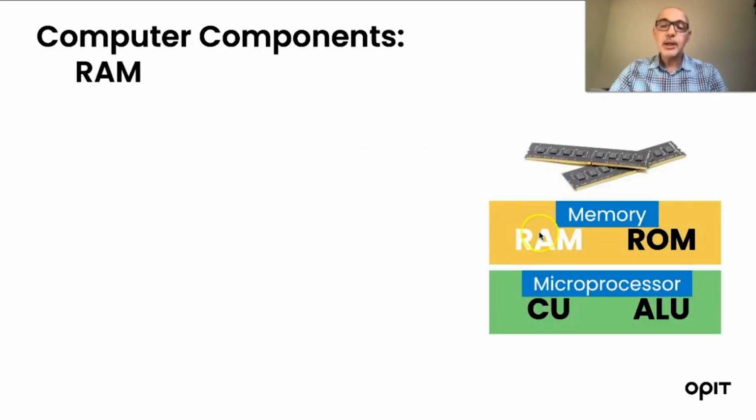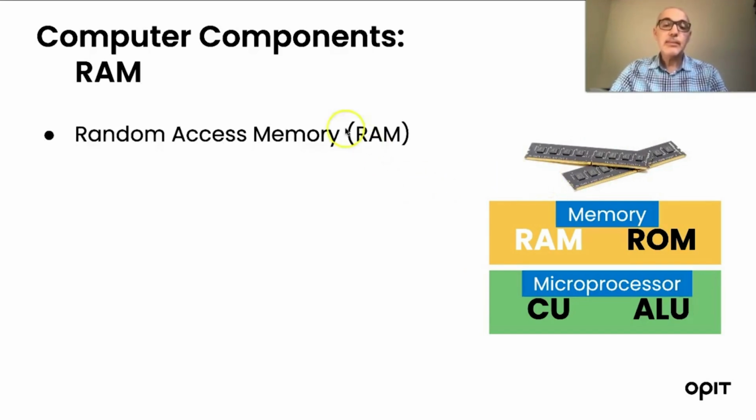What about the RAM? It comes as a slot. You can buy different slots, okay, and you put them inside your motherboard. What does RAM mean? It means random access memory. It is a memory that you can access randomly at any time while your computer is switched on.